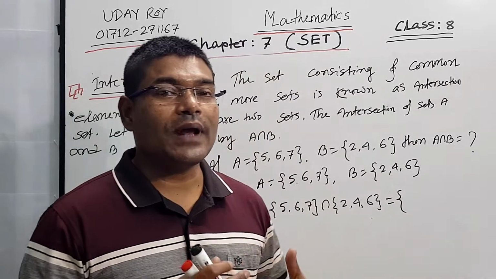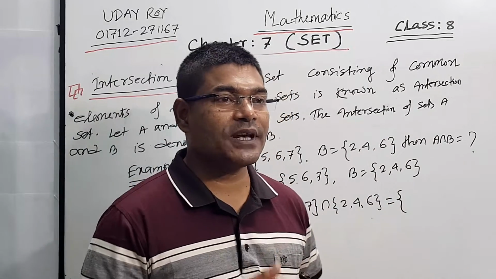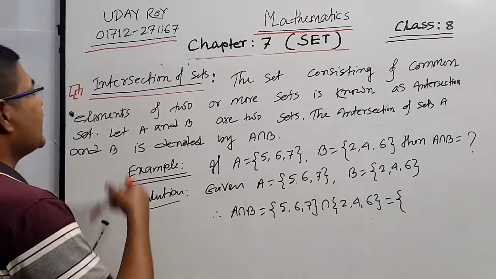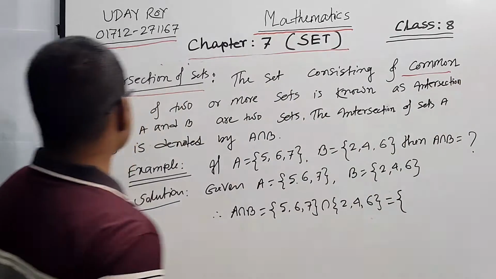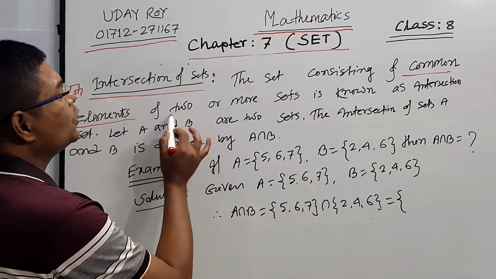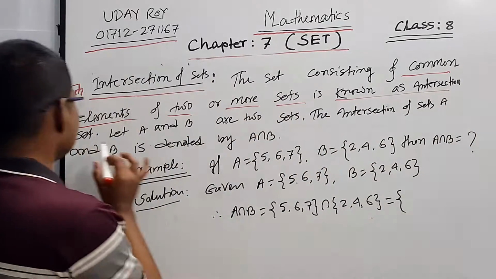So please come back to the board. Intersection of sets: the set consisting of the common elements of two or more sets is known as intersection.